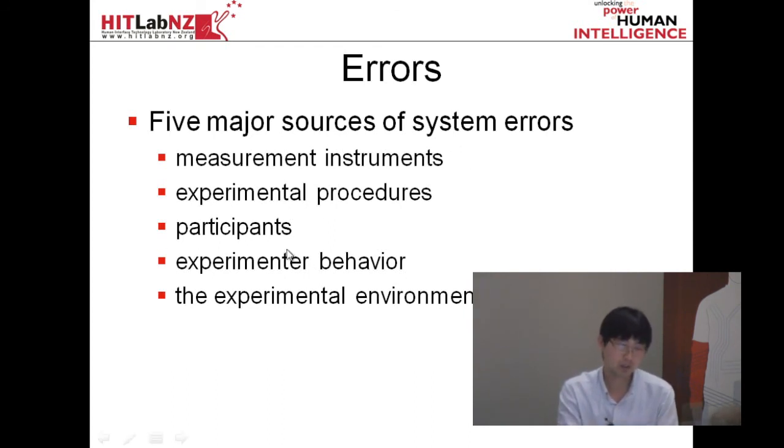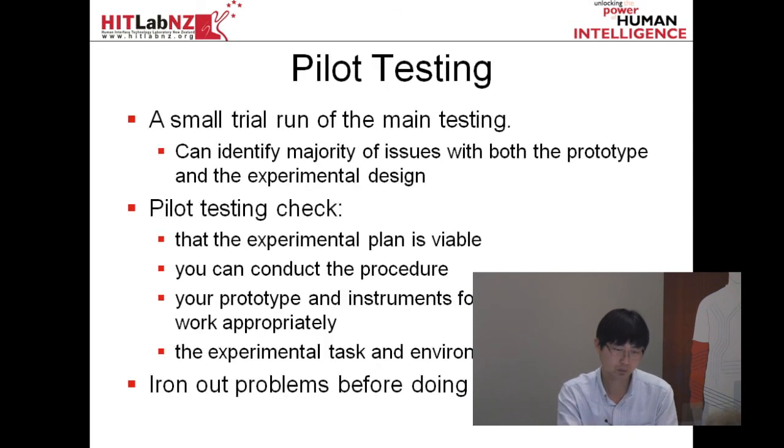And the participants themselves, if some of the participants were really tired or had some problems with their physical health, then it might have introduced some errors. Experimenter behavior could also be an error. So if you were very polite to one participant and very rude to another participant, then they might have had different performance. So that could be another error source. And of course, the experimental environment, such as noise level and so forth, you'll have to control.